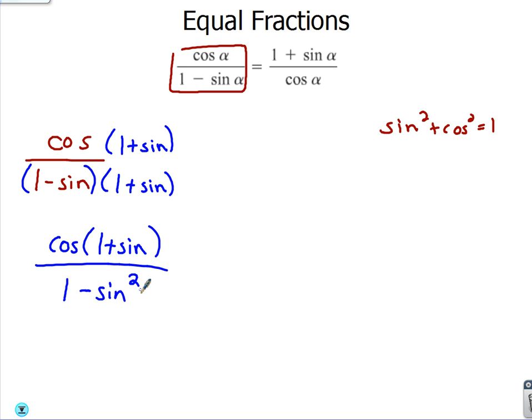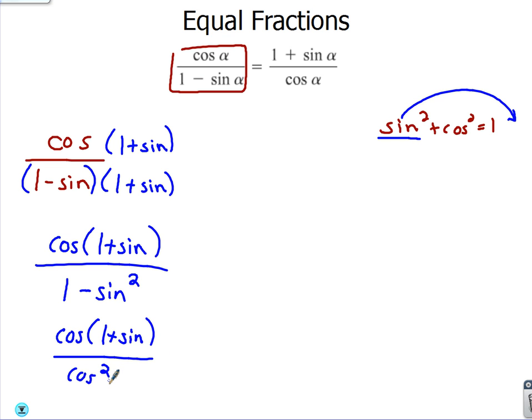Well, what does 1 minus sine squared equal? Go over here to what I wrote down. Cosine squared. If I took sine squared and moved it to the right side, it says cosine squared is 1 minus sine squared. So what I can now do is turn this into cosine times 1 plus sine over cosine squared. See what happens now?